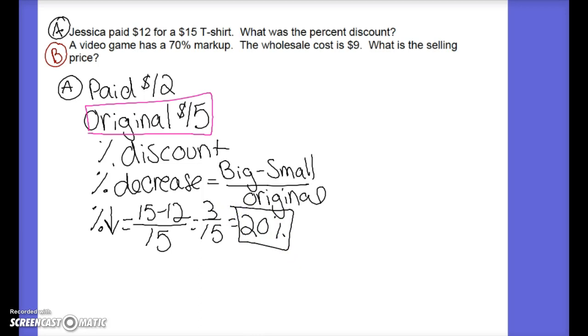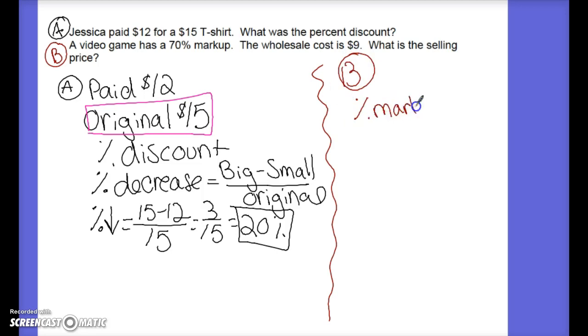Now let's do the second half, B. A video game has a 70% markup. So my percent markup equals 70%. The wholesale equals $9. What is the selling price?